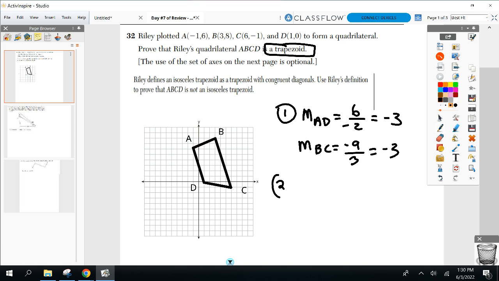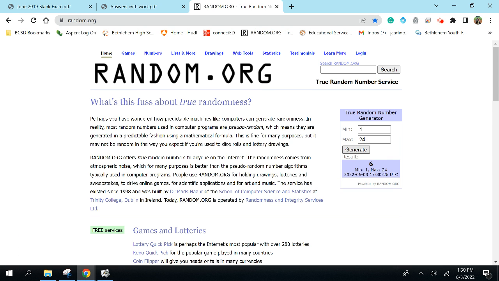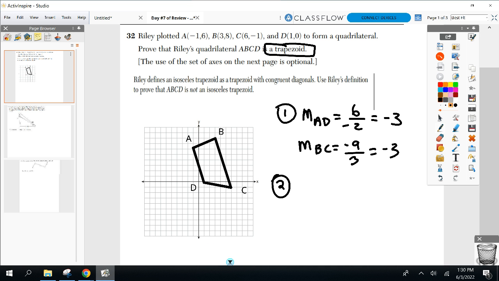All right, next up. That very next step. What did you just prove then? You didn't prove it's a trapezoid yet. By showing me AD and BC had the same slopes, what did you just show me? What do we know now? Good. AD parallel to BC because slopes are equal.